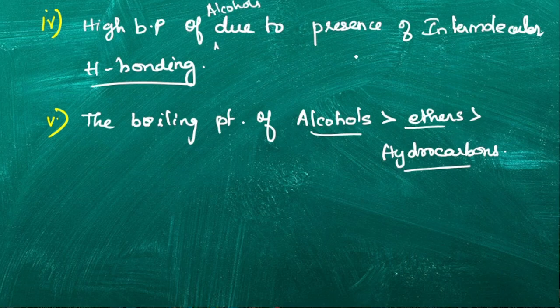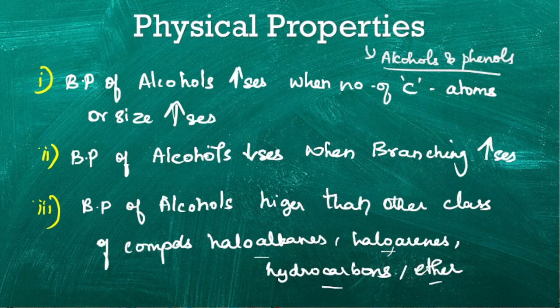Clear? These 5 points are very, very important points. Let me recall these 5 points. First one, the boiling point of alcohols increases as the number of carbon atoms, or the size or chain of the carbon atoms, increases. When the branching increases, the boiling point of alcohol will decrease.